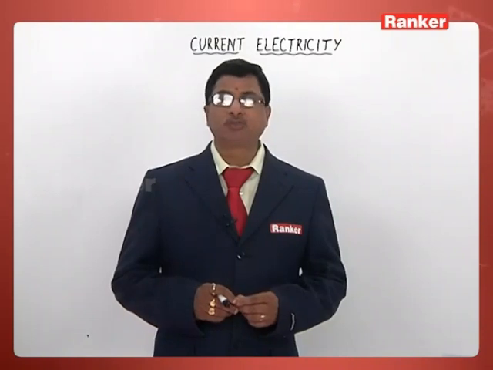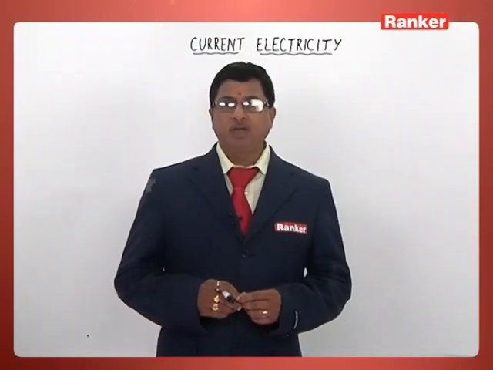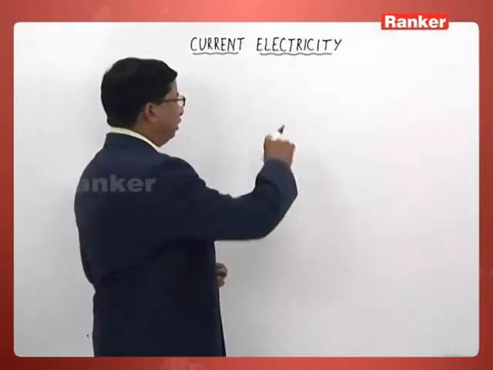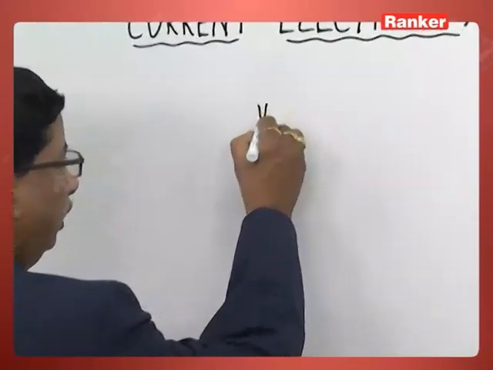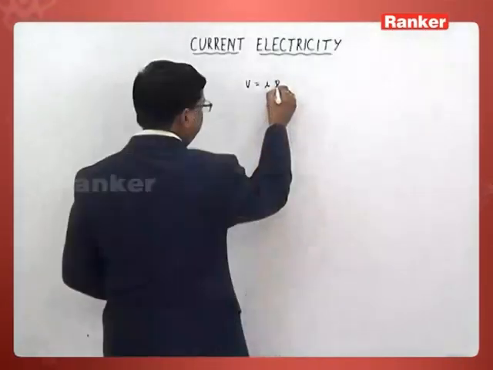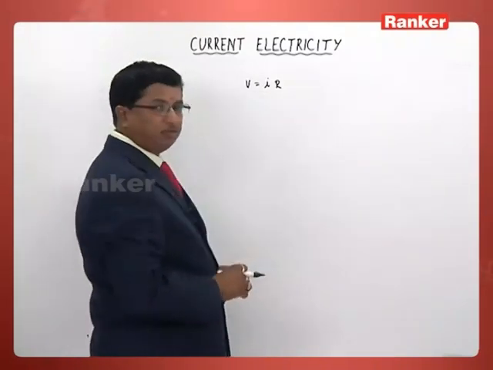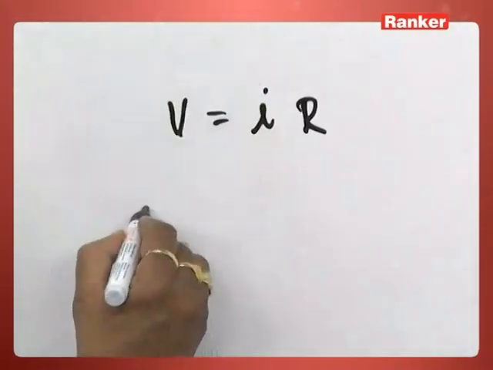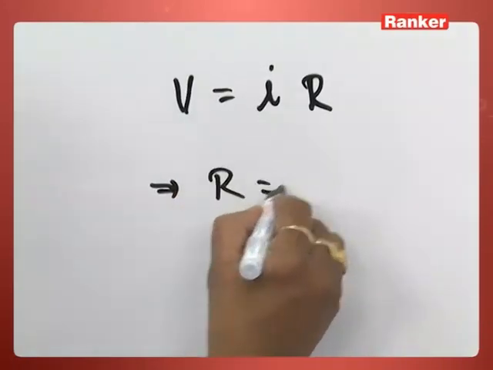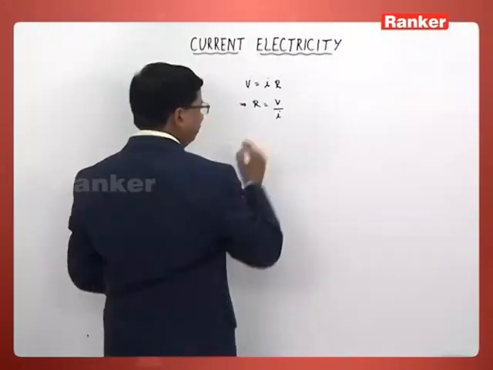That is what we say as Ohm's law. We know well the equation for it, V is equal to IR, I being current and R being resistance. Therefrom, we write that R is equal to V over I.